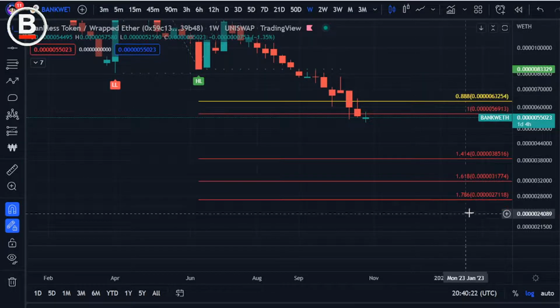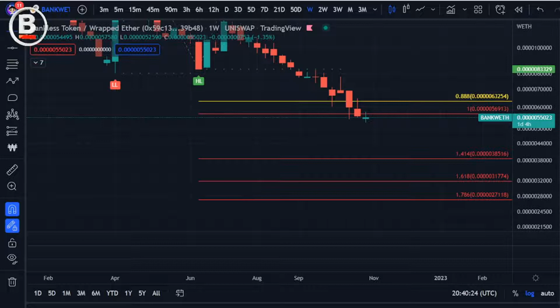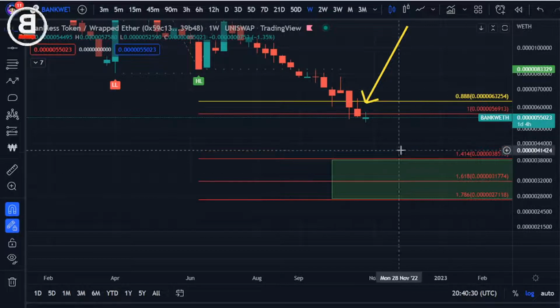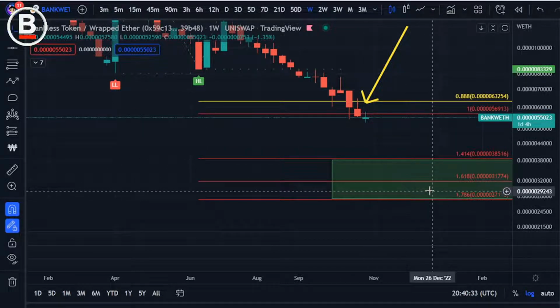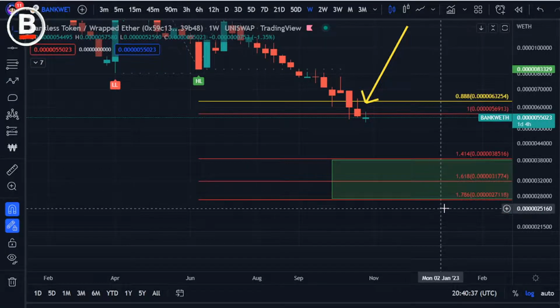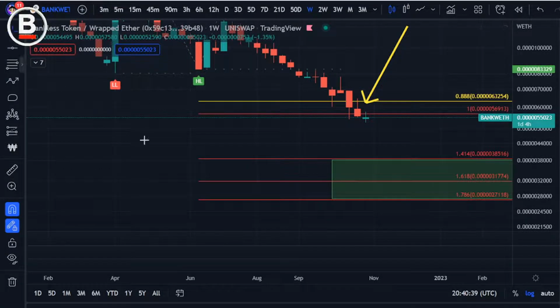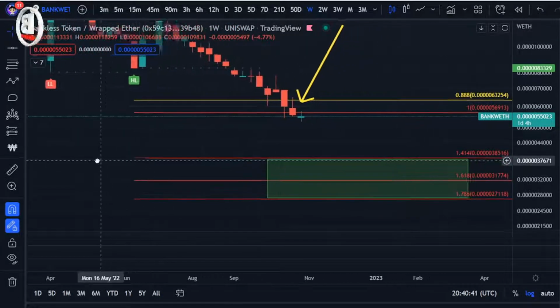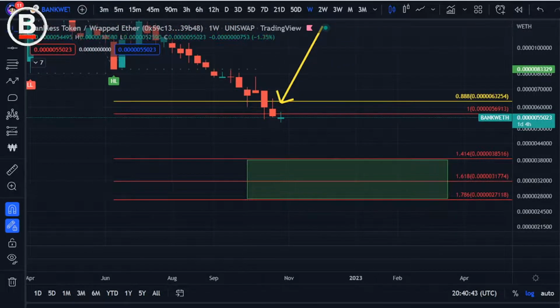So these are numbers that we're looking at. We see that rejection. I think this is a value area. Nobody wants to see the prices go this low. However, these are the levels where algorithms and trading bots will start taking risk on altcoins.